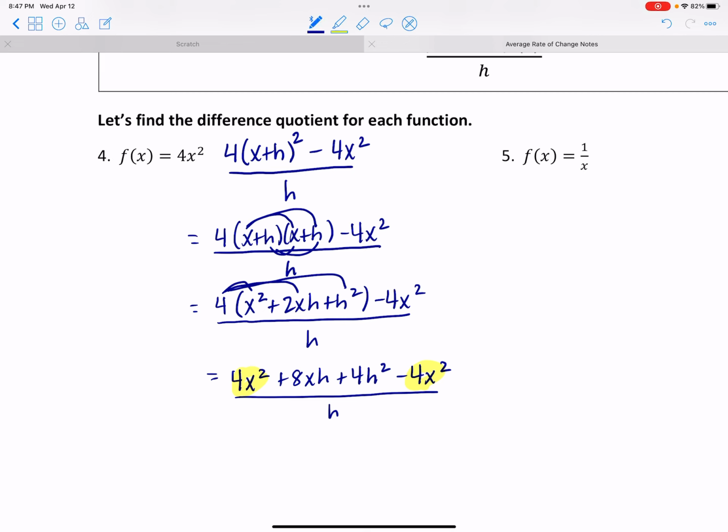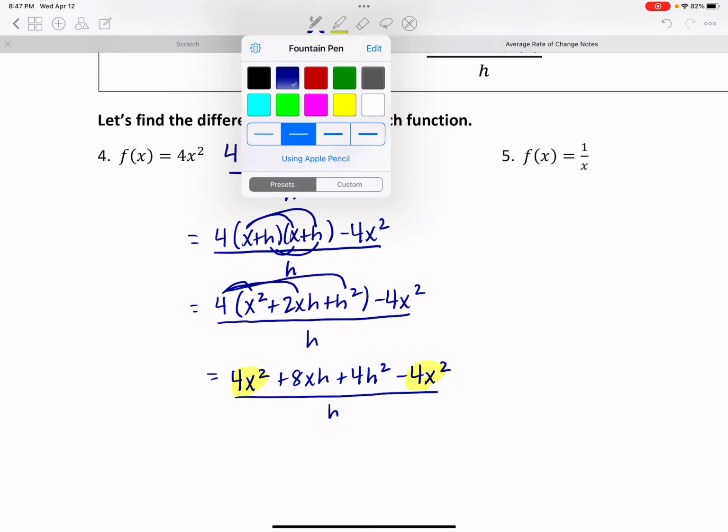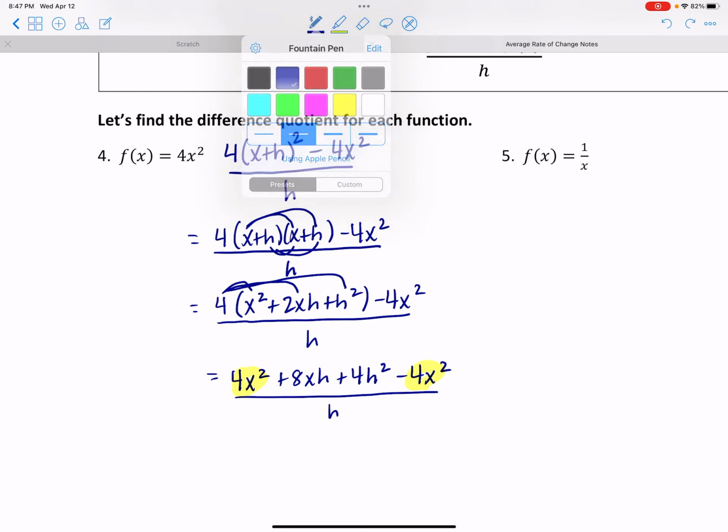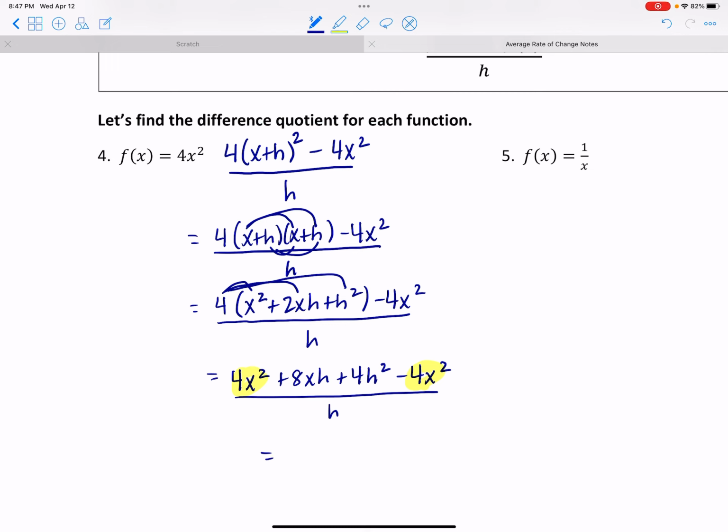So that just leaves me with these 3 terms, but notice all of them have an h, which means I can actually divide the h here and divide the h here, or reduce all 3 of the terms by h. So what I'm going to be left with is, if I reduce this term by h, I'm left with 8x, plus if I divide out the h from this term, I have a 4 and an h left.